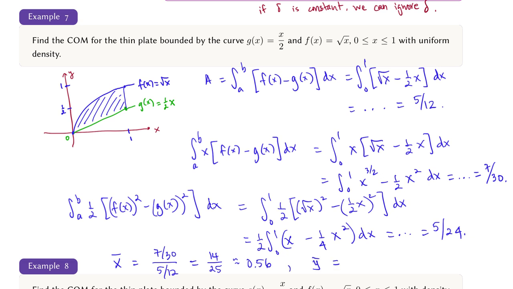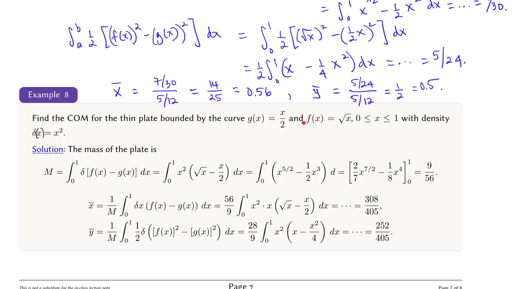Y bar equals the moment about the x-axis, which is 5/24, divided by the area, 5/12. Simplifying this, we get 1/2 or 0.5. So go back to the graph. We see that x bar is 0.56, a little bit more than 0.5, and y bar is exactly 0.5. That's the center of mass.